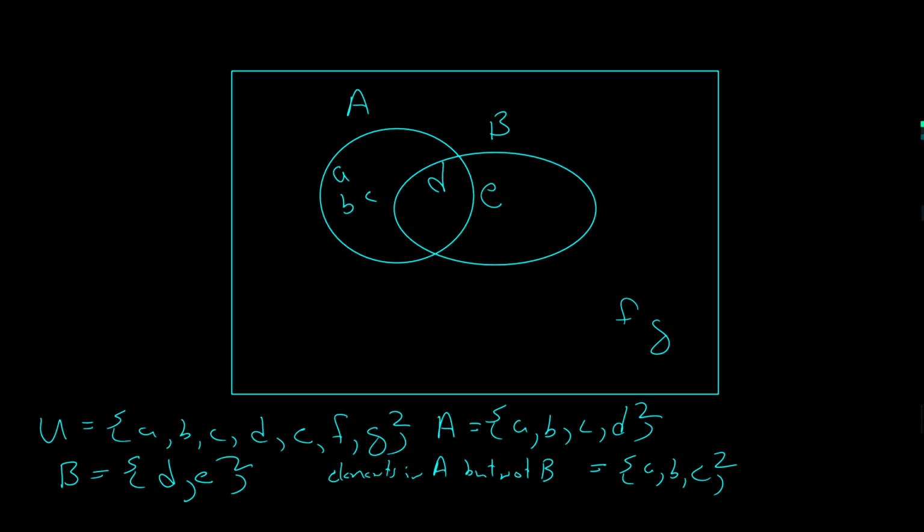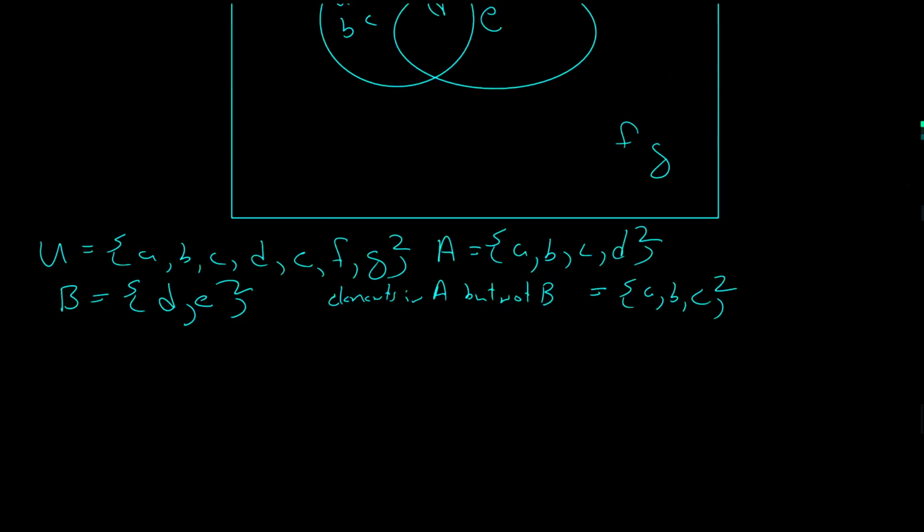I'm in A but not B. So not the shared things. And so we have this way of using these visual spaces to talk about elements. And what we're going to do is we're going to end up using that word that I used before, the complement, to talk about these things.